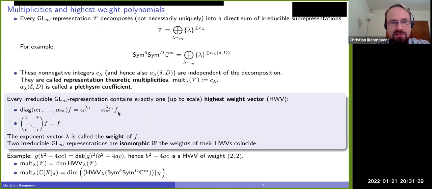This product rescales your vector. This says that your vector is of weight lambda. And then additionally, the second property is that when you have an upper triangular matrix with ones on the main diagonal and you let that act on your vector, you get exactly that vector back, right? So it's fixed under this action.